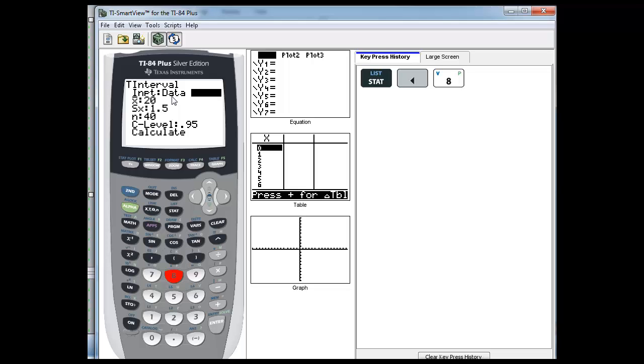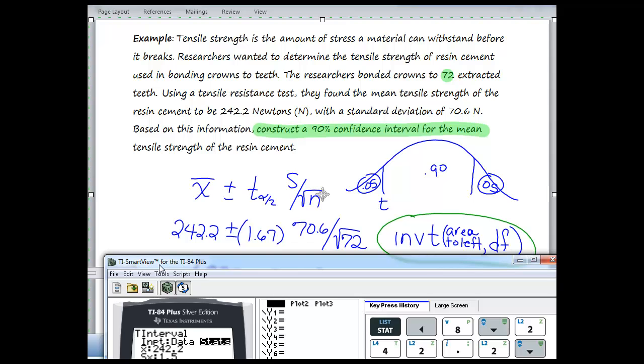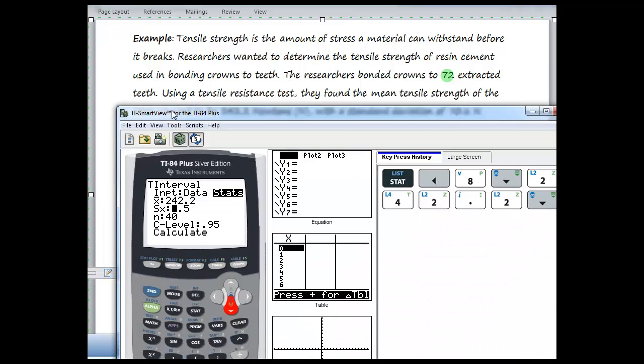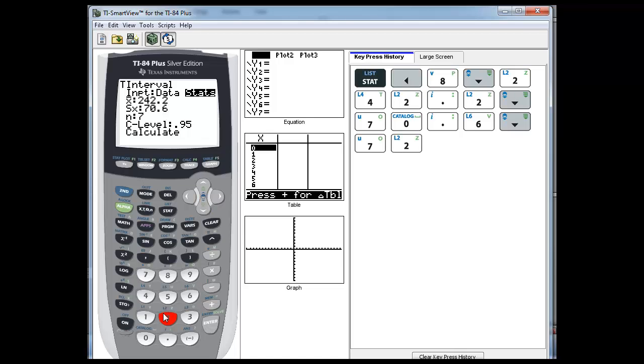My sample mean is 242.2. Our sample standard deviation was 70.6. Sample size is 72.